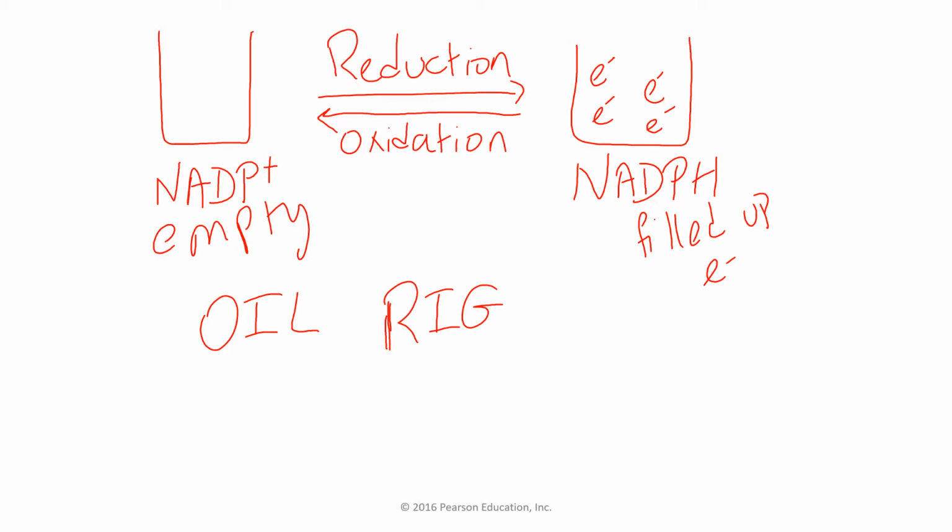Now, why are those electrons important and why do we have to collect them? We will discuss that in just a few. But the process of gaining electrons is known as reduction. So if you have that empty bucket and it's getting filled up with a bunch of electrons, that reaction is called reduction.